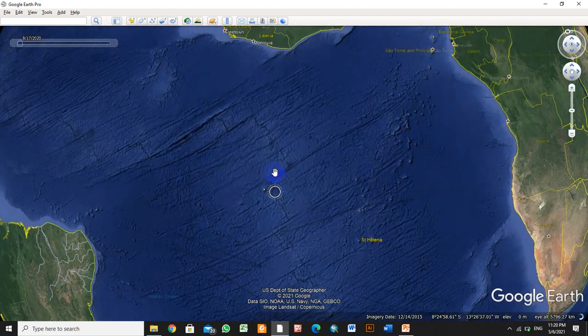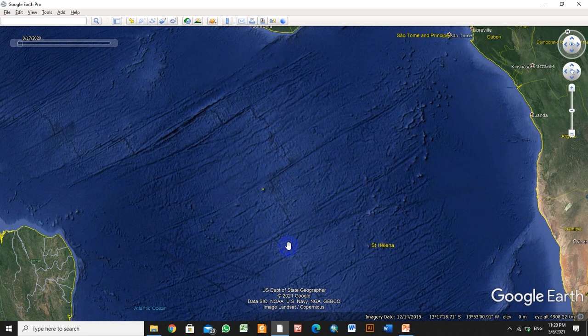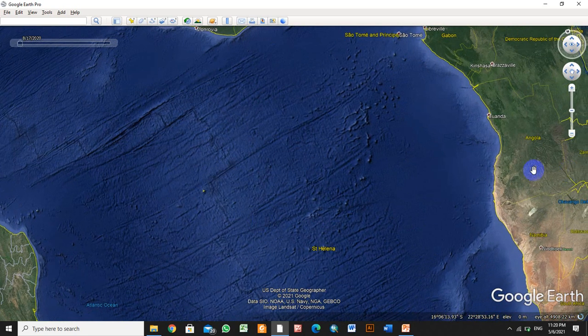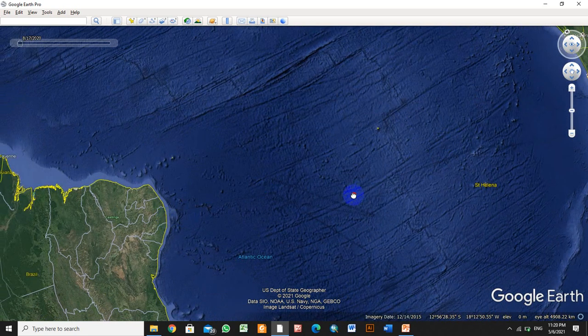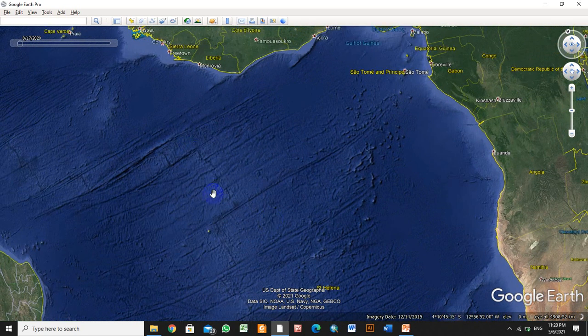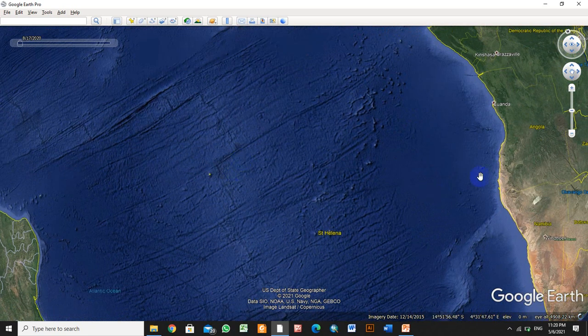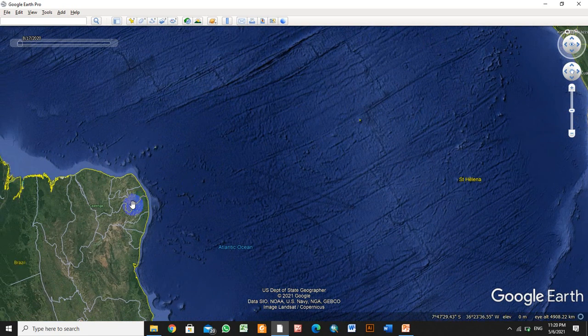So the boundary here is called a mid-ocean ridge, which spreads between Africa and South America. So the plate boundary between Africa and South America is the mid-Atlantic Ocean ridge.